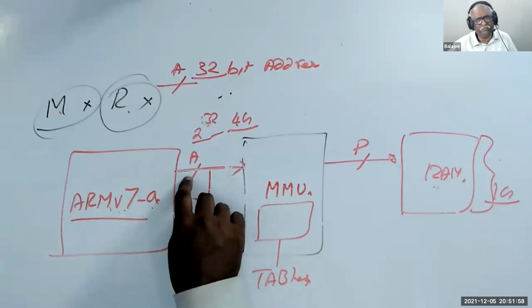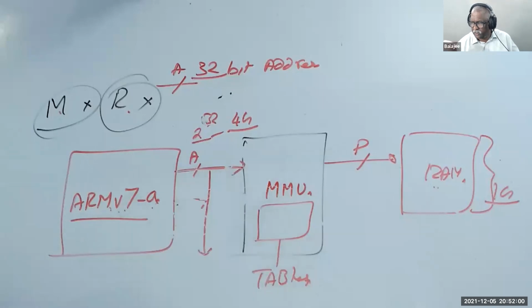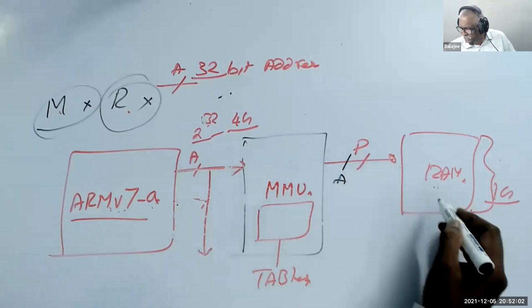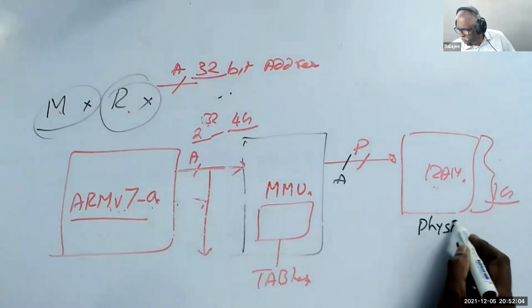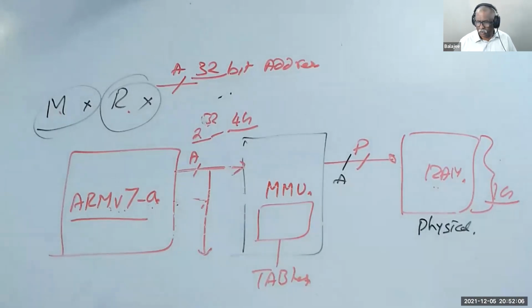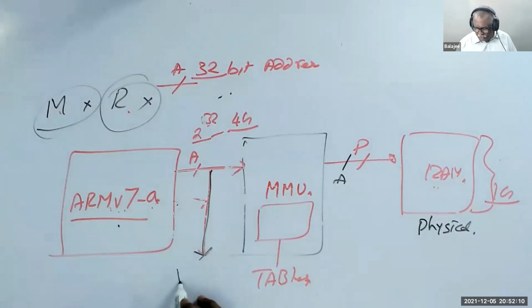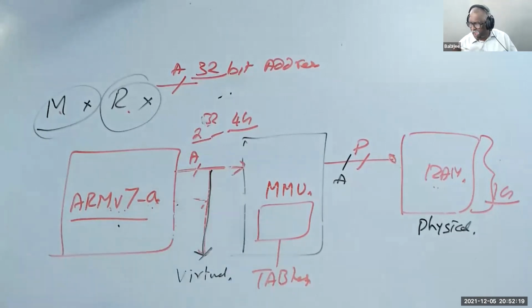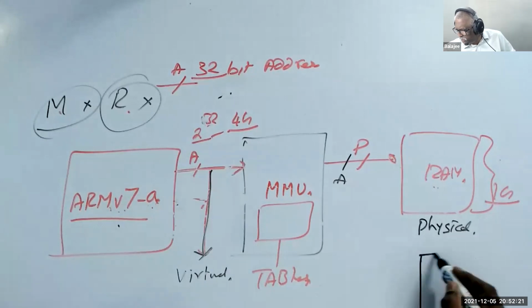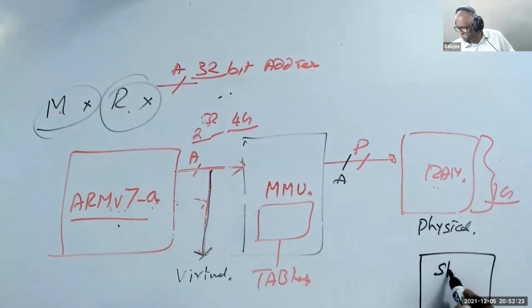So I have an address, and I have a physical address. This is also an address. This is physical. I have RAM, but the address given by your processor is a virtual address. Now what they do here is, if you access more addresses, they will have space in your storage for the remaining memory.